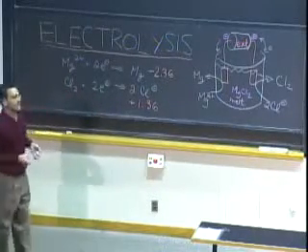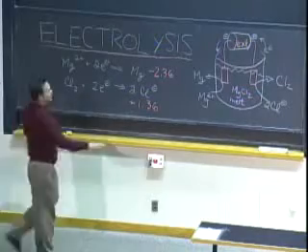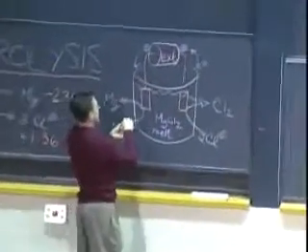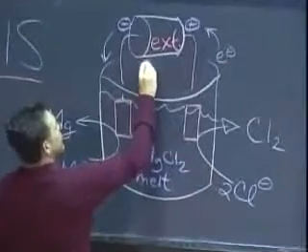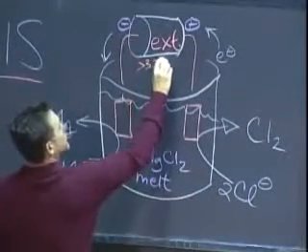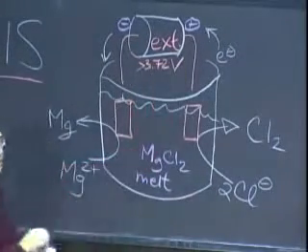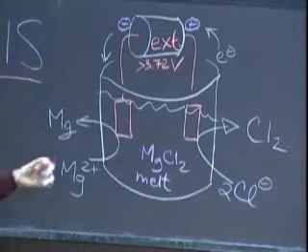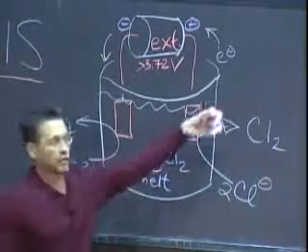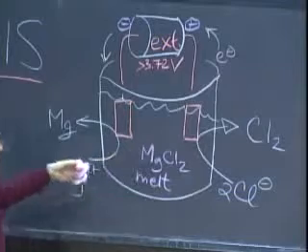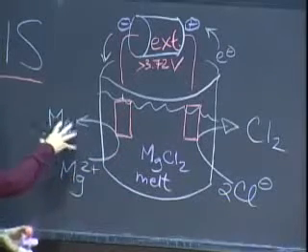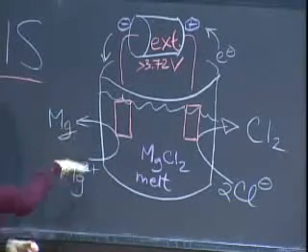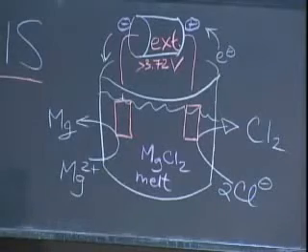That means we're going to have to apply an external voltage of greater than 3.72 volts positive in order to get this thing to run and get gaseous Cl2 bubbling out, and liquid molten magnesium to form and separate from the molten magnesium chloride.